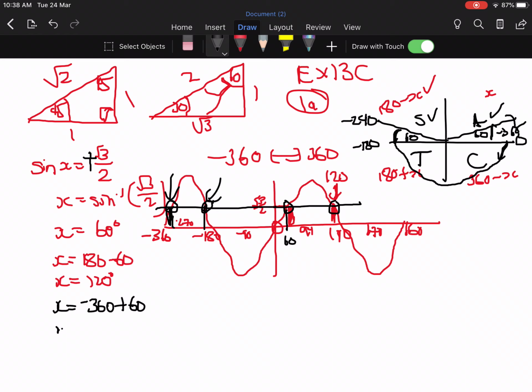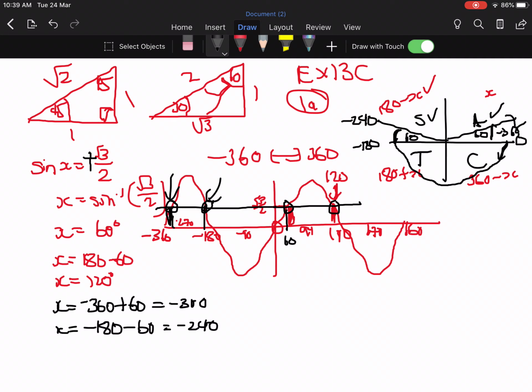So the other angle is x is equal to negative 180, negative 60. So that's going to give me negative 300 and negative 240.